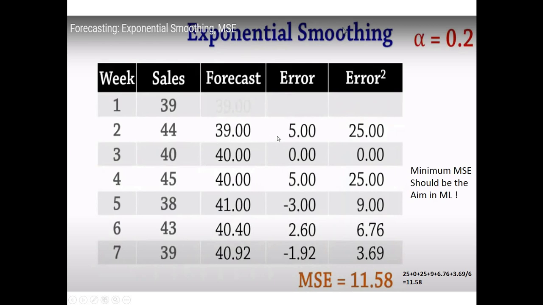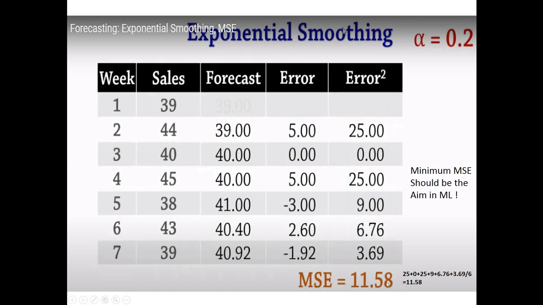Sale minus forecast is nothing but the error. You take the square of the error in this column, add all of them and divide by 6. Then what will you get? 11.58. That is called the mean square error.